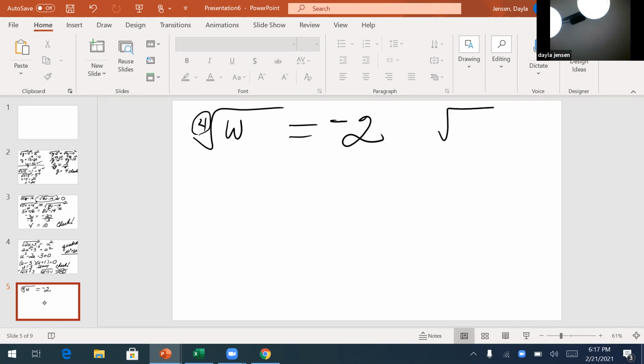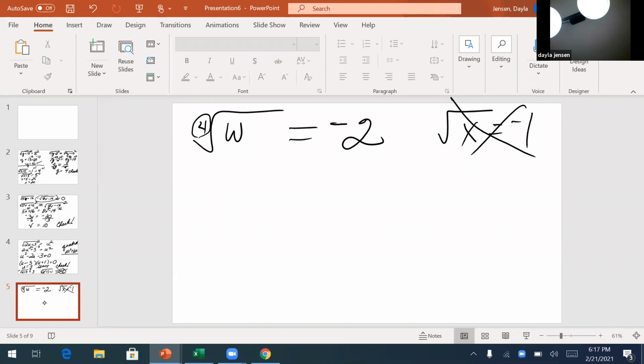A while ago, it was the square root of something equals -1. No, I can't do that because anything squared is going to be positive. Anything to the fourth is going to be positive. So the answer is the empty set, and both of those are ways that you can represent an empty set.